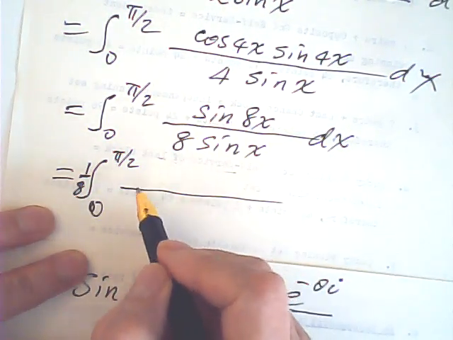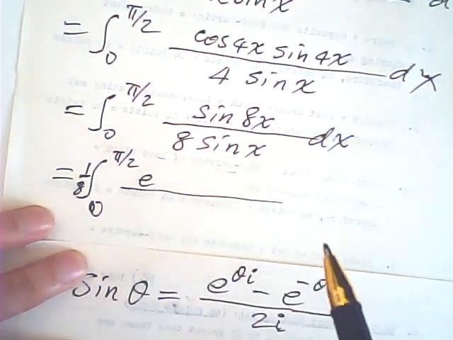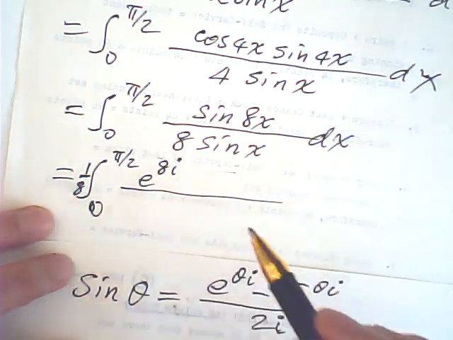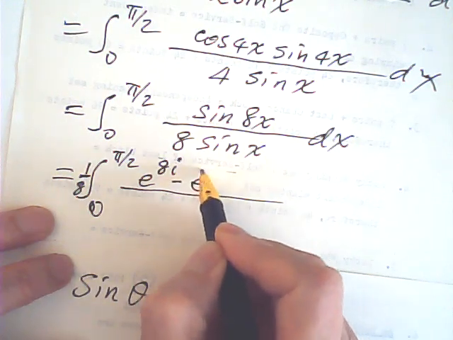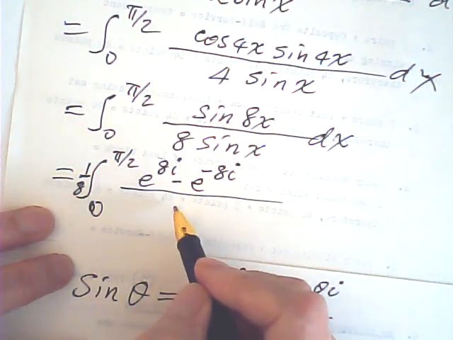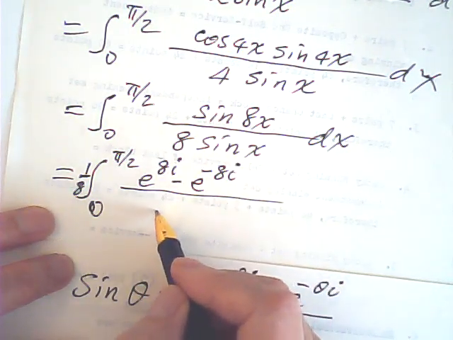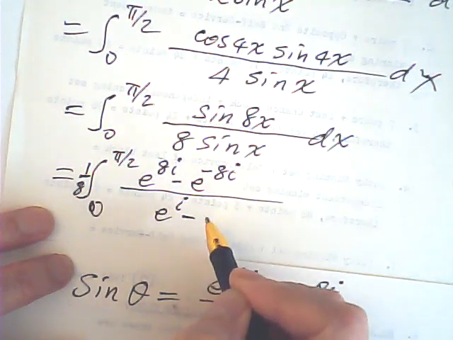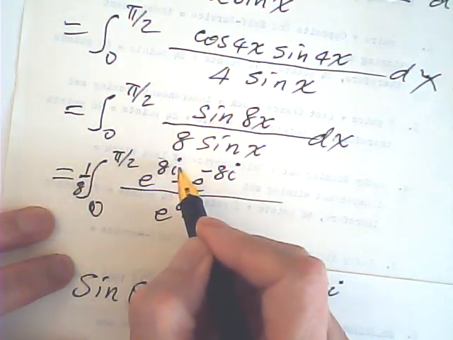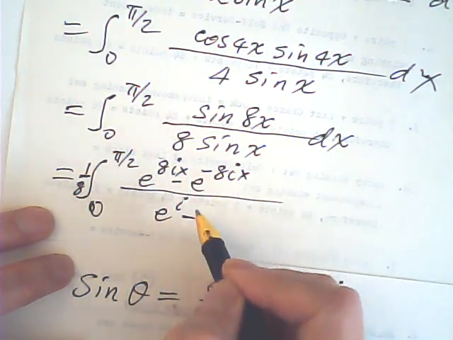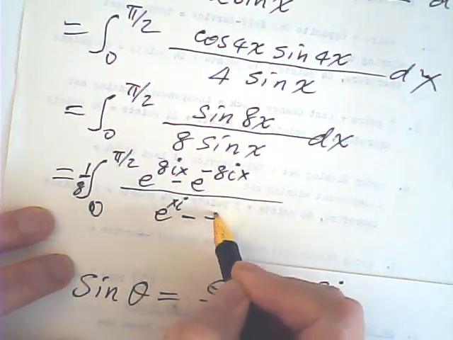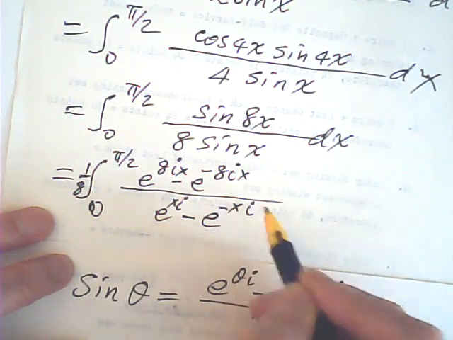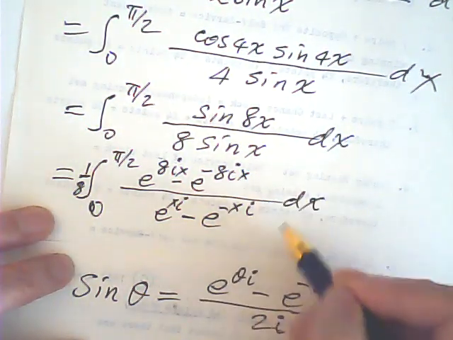This will be e to the 8xi minus e to the negative 8xi, over e to the xi minus e to the negative xi, right?